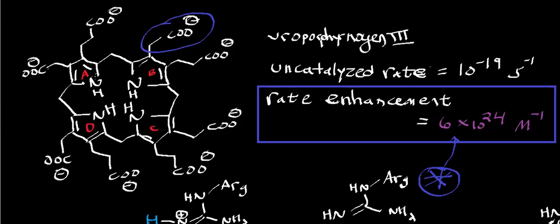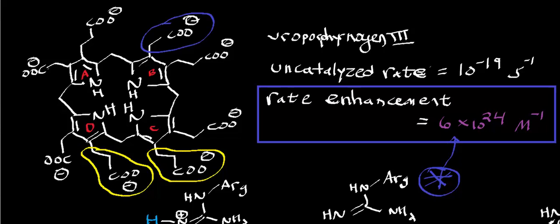Okay, and what I've done for you is I've labeled each of these rings as A, B, C, D, going clockwise here. Now, one thing I'll show you is the C and D rings are shown with these propionate groups next to each other. So the rings where you see the propionate groups right next to each other, not where it's acetate-propionate, but where these two propionate groups are next to each other, those are the C and D rings, okay?